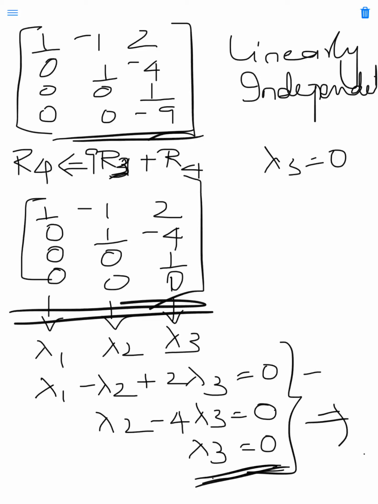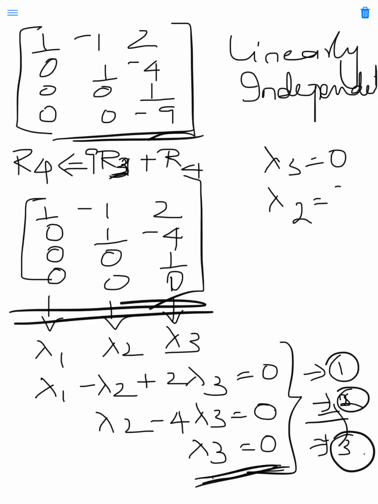Substituting this lambda 3, here three equations are there, no? 2 and 3. Substituting lambda 3 in the second equation, what you will be getting? Lambda 2 equal to 0. Again lambda 2 and lambda 3, substituting in 1, you will be getting lambda 1 also equal to 0. Okay. So this way you will be able to prove that the given vectors are linearly independent.